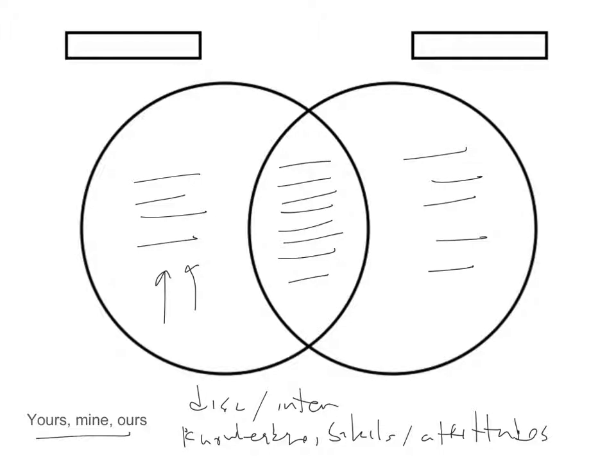And I like to think of this in terms of ASK: attitudes or affective outcomes, S for skills, and knowledge. And then, which of those go in the joint outcomes that you want students from both classes to attain, and which are applicable just to your class or to your partner's class.